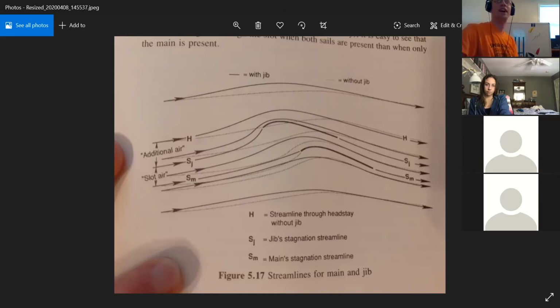So that's everything that happens there. That's why we do have a benefit to these sails working together. So it's not what we might have been told before about how the slot works. It's probably actually more effective than if that original story were true, right?